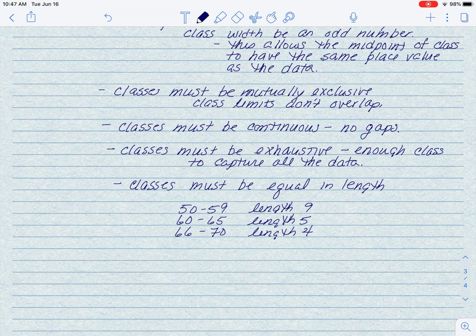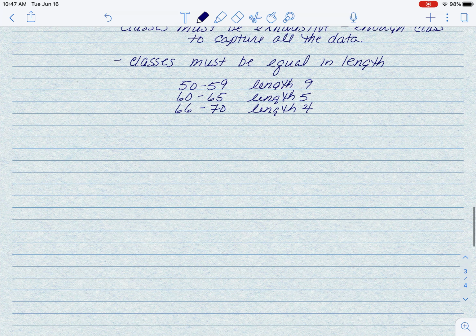They can't have all different lengths. So these are the conditions for what you can do. There's one exception to this length, though.